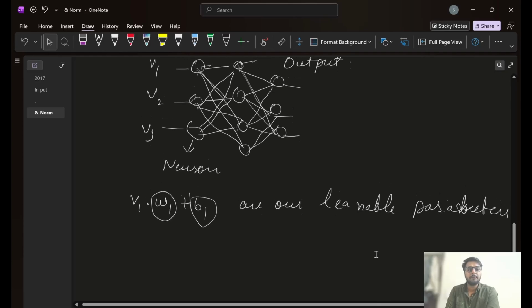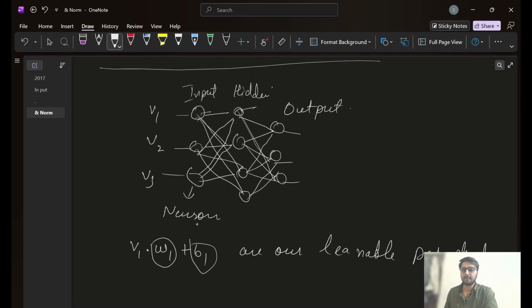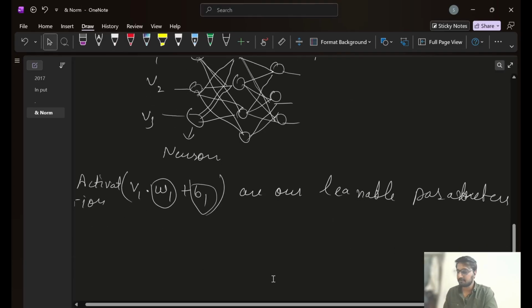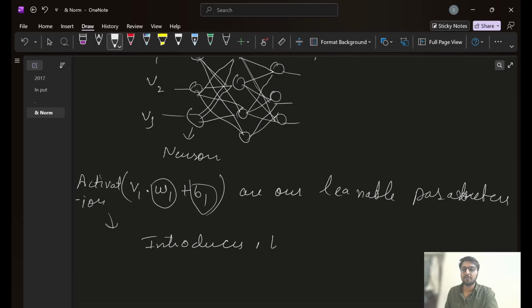Also, one more thing that we can look at: we are doing this operation, but we are applying an activation function here. And what is an activation function? Activation function introduces non-linearity into our neural network.